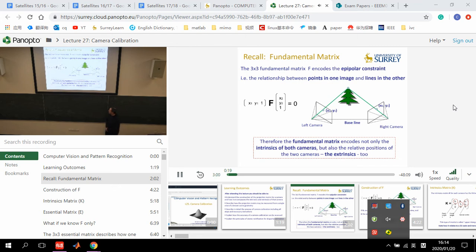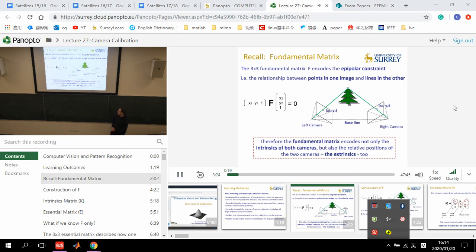And this equation here encapsulates that relationship. It says that a point, for example, on the left-hand side in homogeneous form, multiplied by this 3x3 matrix F that we call the fundamental matrix, multiplied by any of those locations along that epipolar line on the right-hand side will give us 0.